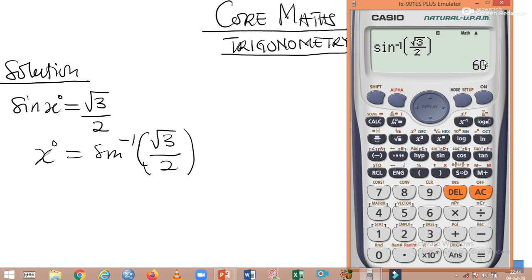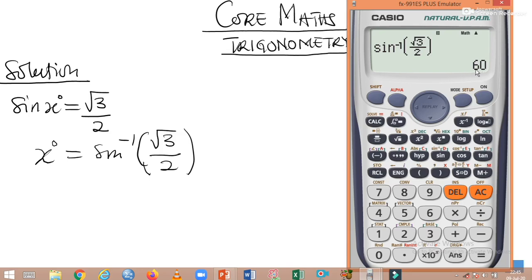So which is 60. So we have to use this 60 to get the value of x in the second quadrant. So here the 60 is an acute angle, and to get the value of x in the second quadrant, we have to use this 60 as our reference angle.